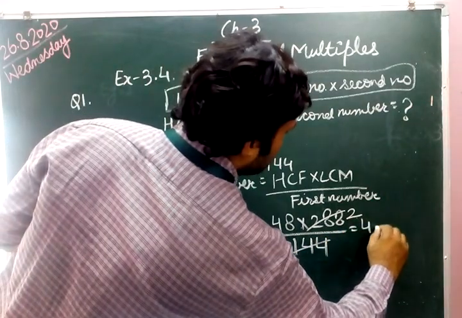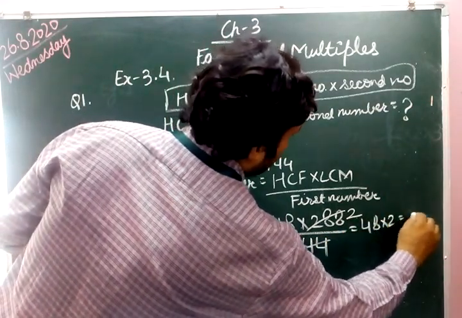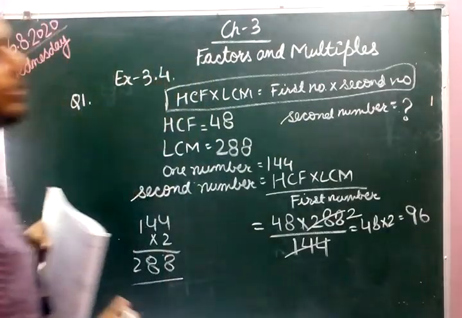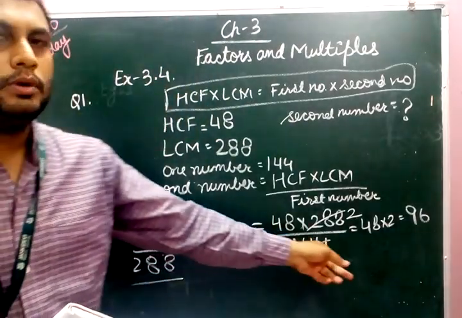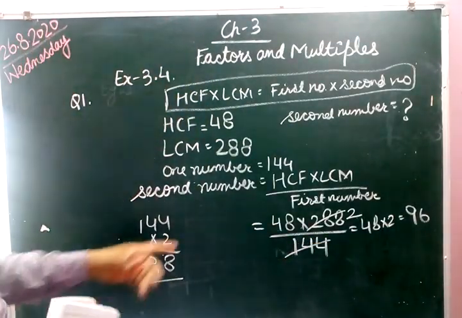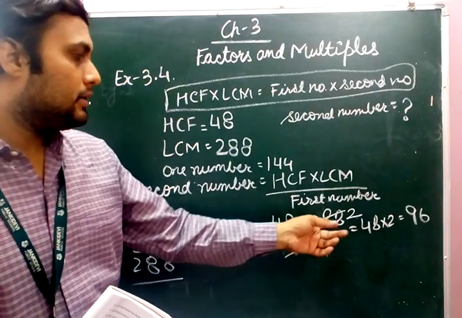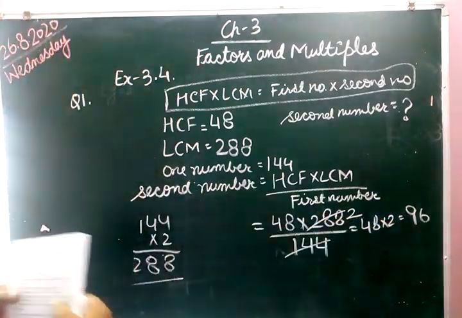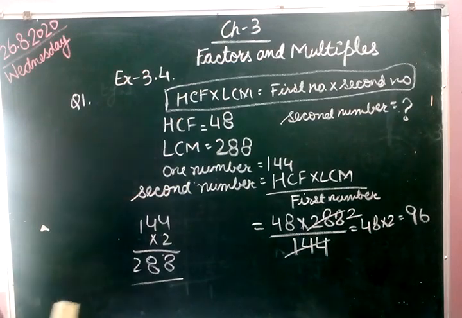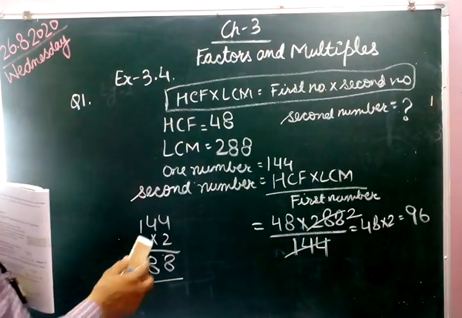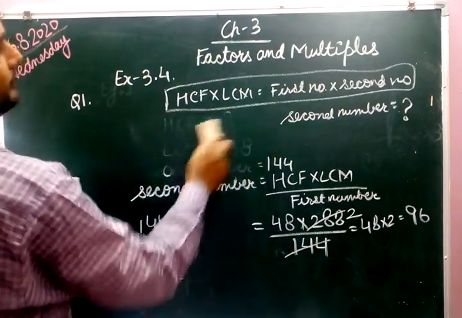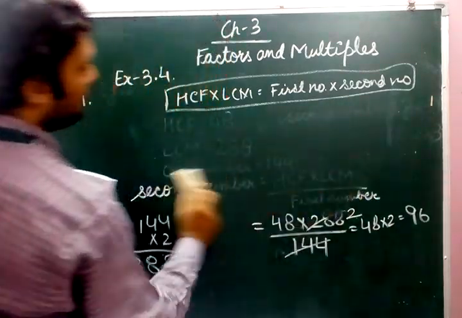So 48 multiplied by 2, you get the answer 96. In this way you can do this question. Clear? Now I am going to discuss the second question of this Exercise 3.4.